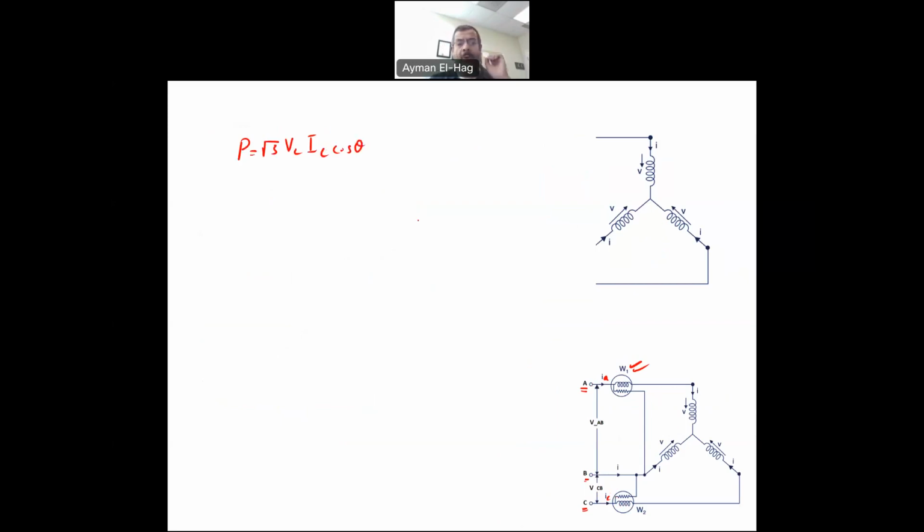Before that, let's go to some basics and talk about the phasor diagrams. So now I have 3 phases: VAN, VBN, and VCN. Now I will have the current. Since I will have an inductive load, the current will be lagging.